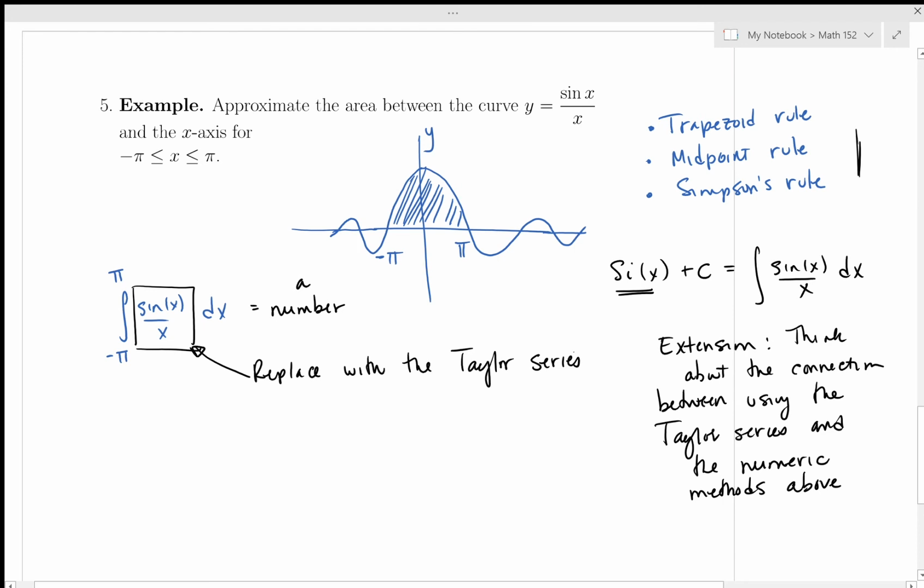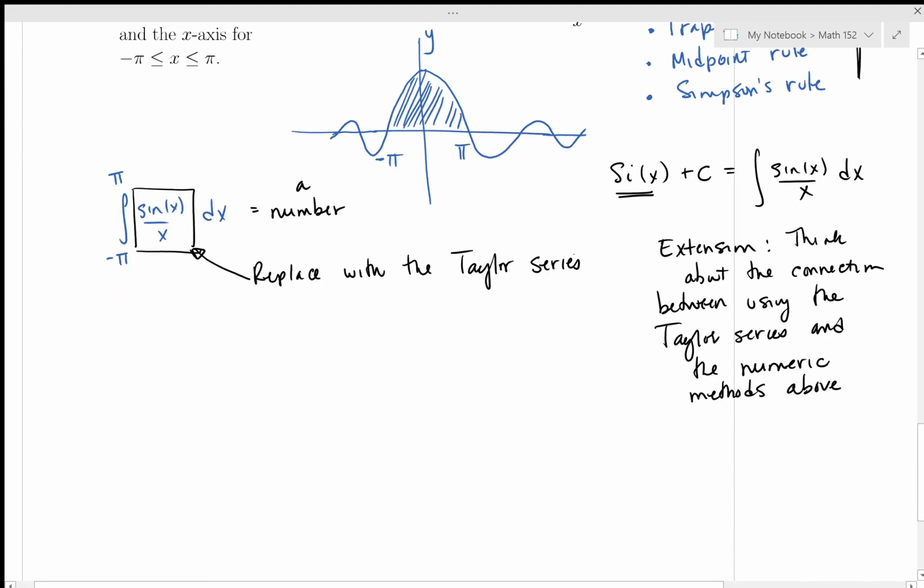Just think about what's happening and see if you can see a connection between me taking this integrand, replacing it with the Taylor series, and then integrating in that manner. Okay, so that's my idea of what to do. Replace the integrand with the Taylor series.